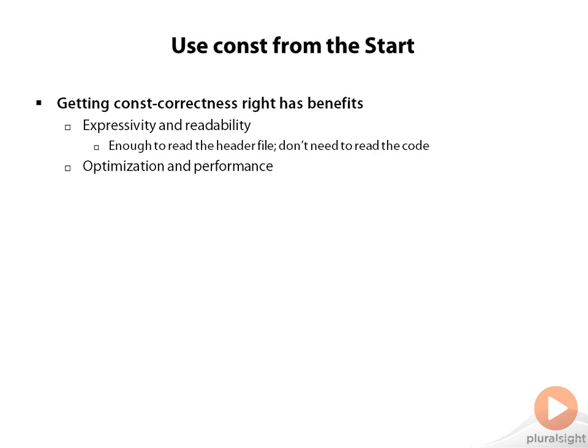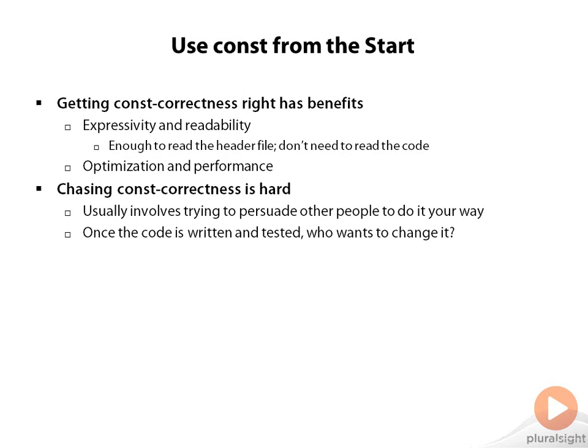When somebody writes a class and they don't put any const anywhere, you end up doing what we call chasing const correctness. So I write a function which I label as const because I know it's const, and I call a method of a class somebody else wrote. And that method's not marked with const.